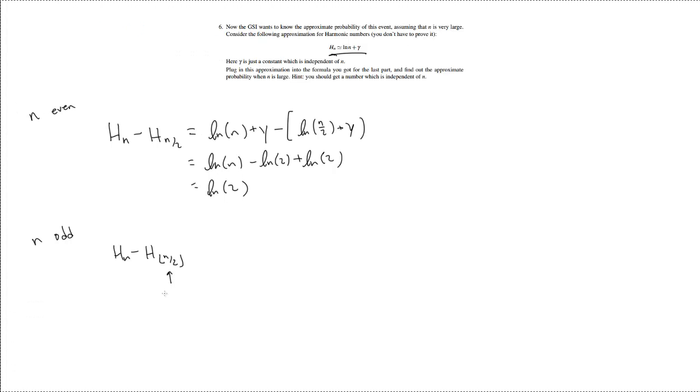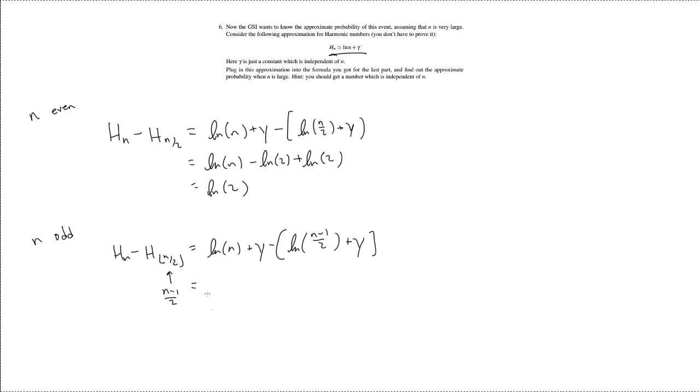Floor of n over 2 for n odd is just n minus 1 over 2. Plugging in the approximation here, we have that this is approximately equal to ln of n plus gamma minus ln of (n minus 1 over 2) plus gamma.